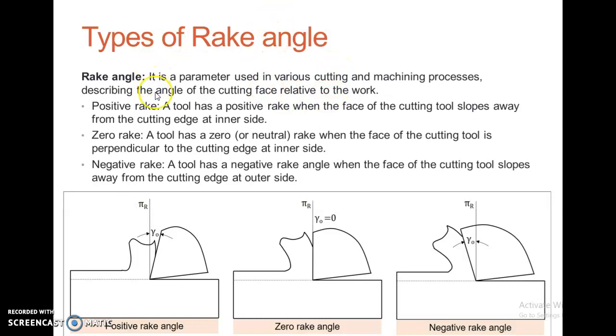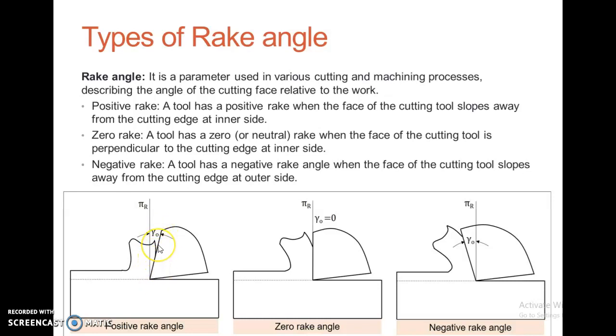What is positive rake angle? A tool has positive rake when the face of the cutting tool slopes away from the cutting edge at the inner side. See this, this is the slope. It slopes away from the cutting edge at the inner side.